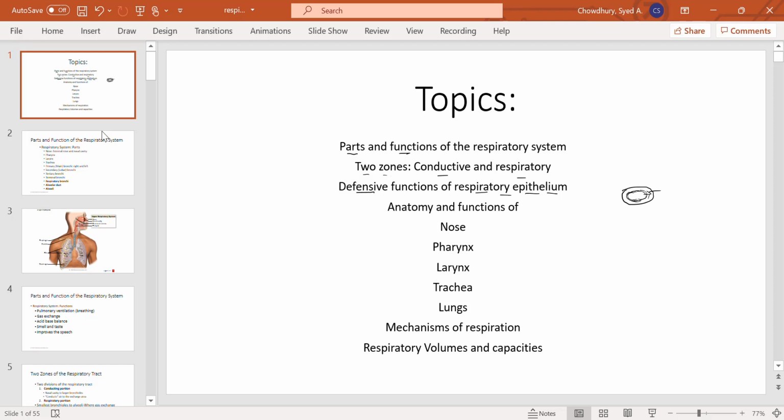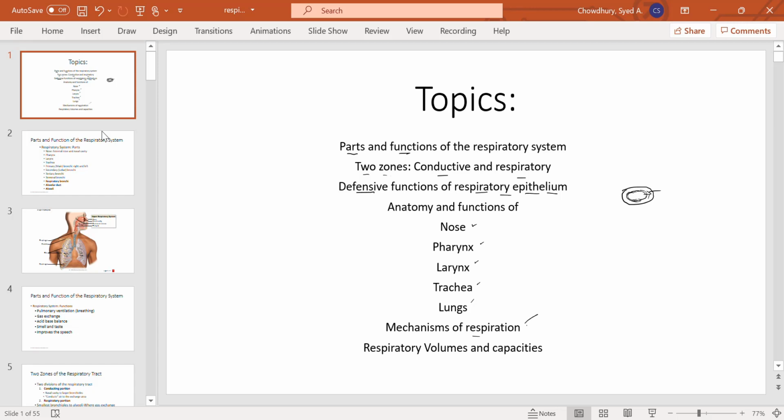Okay. Then we will talk about the anatomy of your nose. That means the structure of the nose, pharynx, larynx, trachea, and lung. Then we will talk about the mechanisms of breathing or respiration. What's the mechanism of inspiration and expiration?